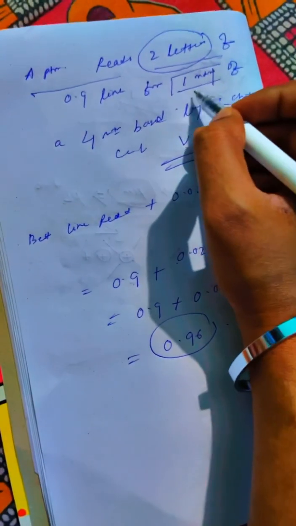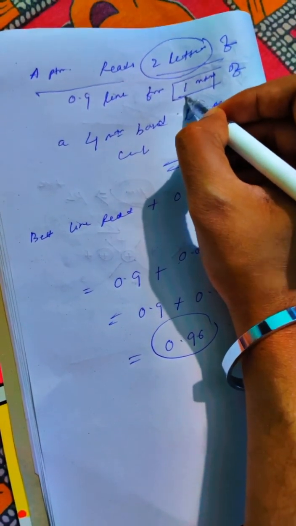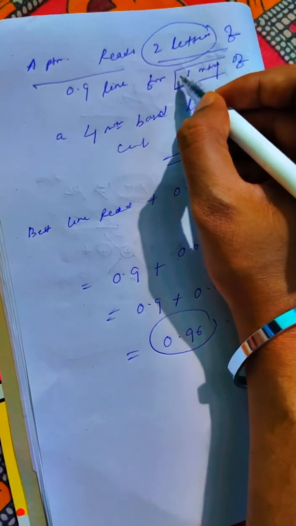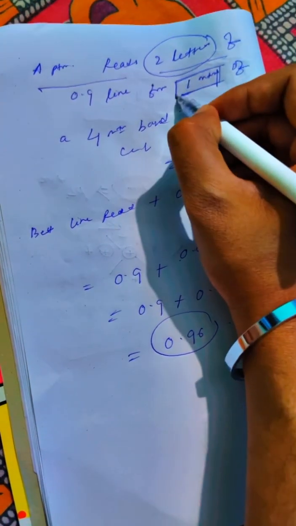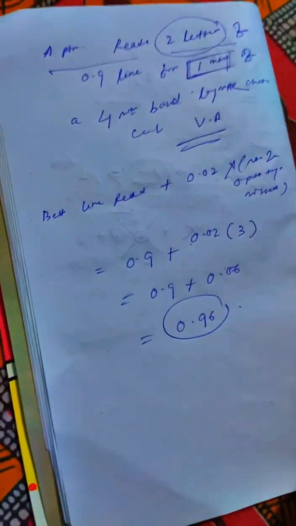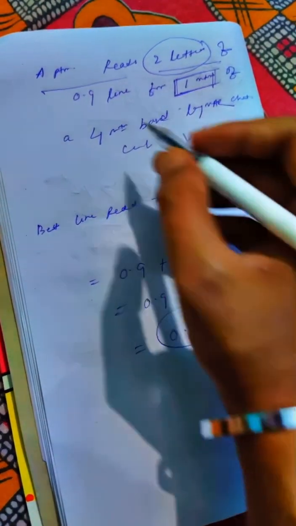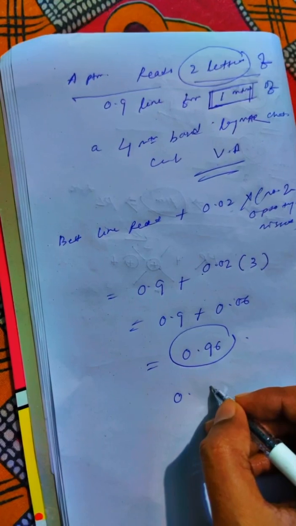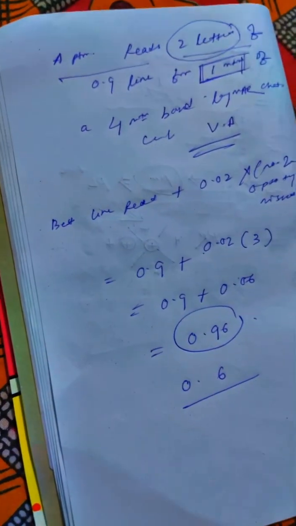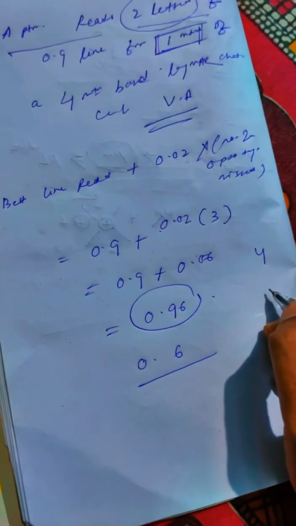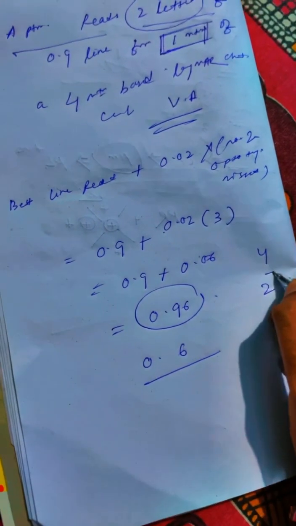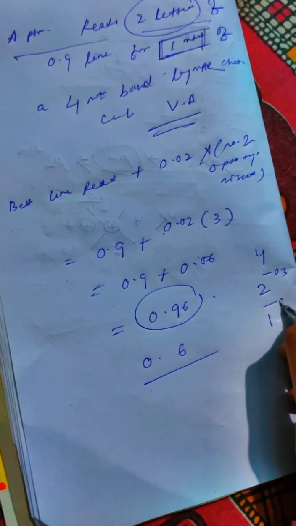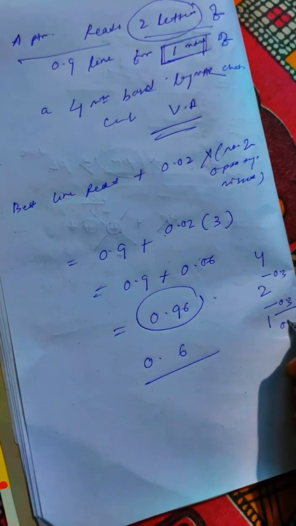But the person read the 0.9 line from 1 meter, so you have to add 0.6 to your total value, because 4 meter, then 2 meter, then 1 meter, there is 0.3 you have to add, here also 0.3, so total 0.6.